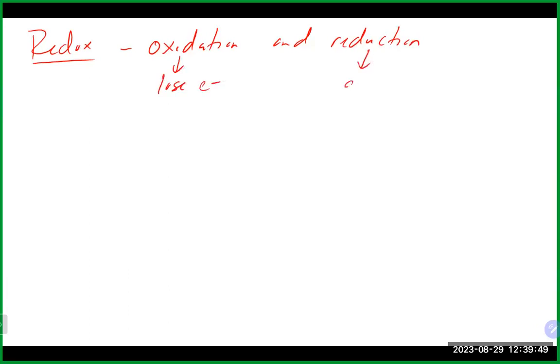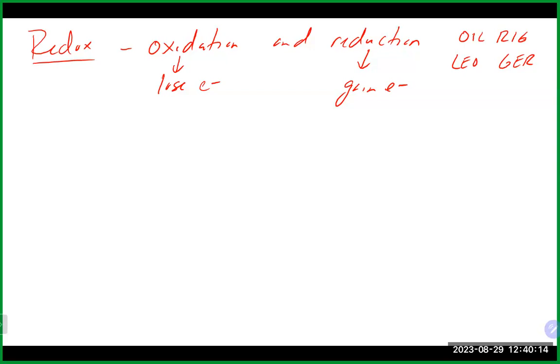If it is reduction, it usually means that you have gained electrons. Some people like to remember that as OIL RIG, or Leo the lion goes grr, right? Oxidizing is losing, reducing is gaining. Loss of electrons, oxidation, and gaining of electrons, reduction. You can put Leo the lion on the oil rig and he goes grr. You don't have to choose. It's okay in this case, right?